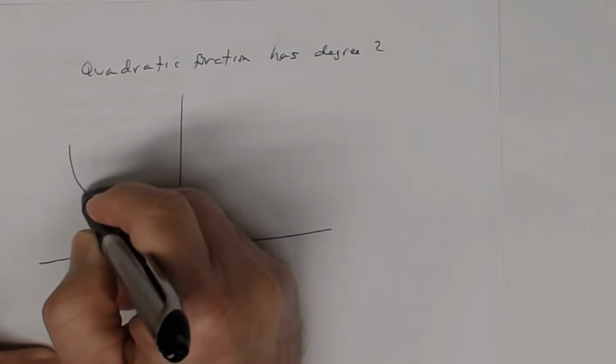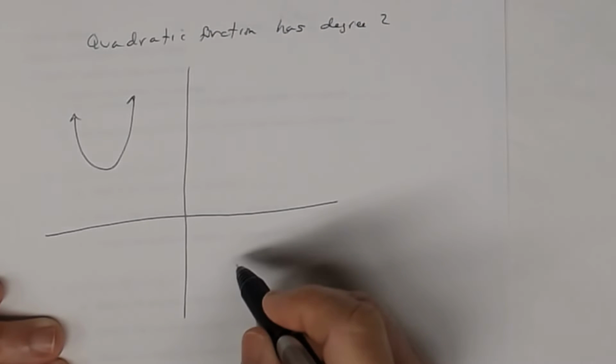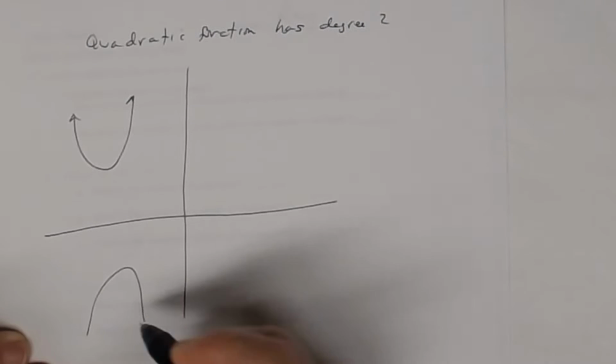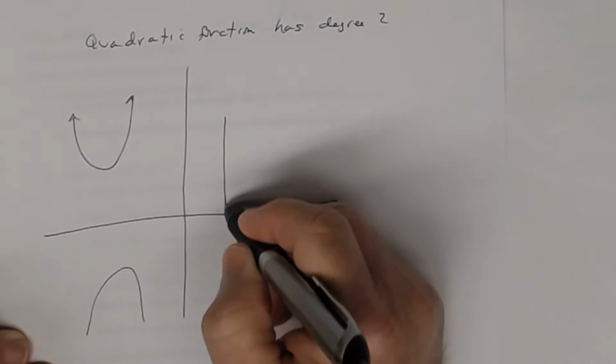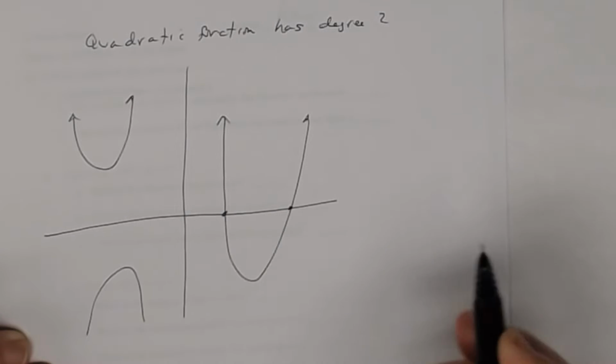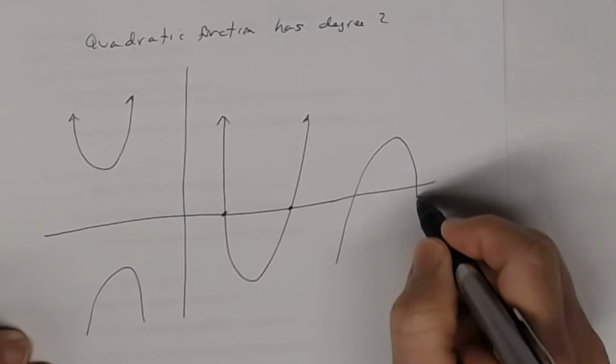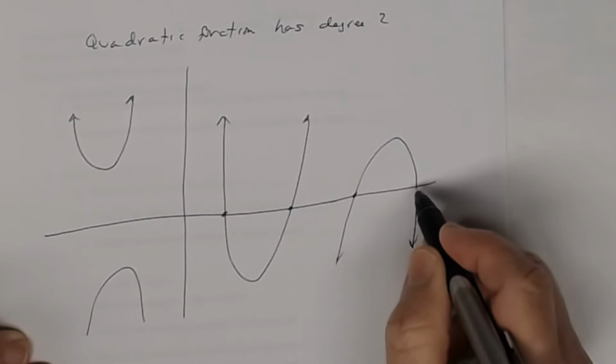So the parabola could do this. There are no x-intercepts, right? It could do something like this, no x-intercepts. It could do this, right? So there are 2 x-intercepts. It could do this, again, 2 x-intercepts.